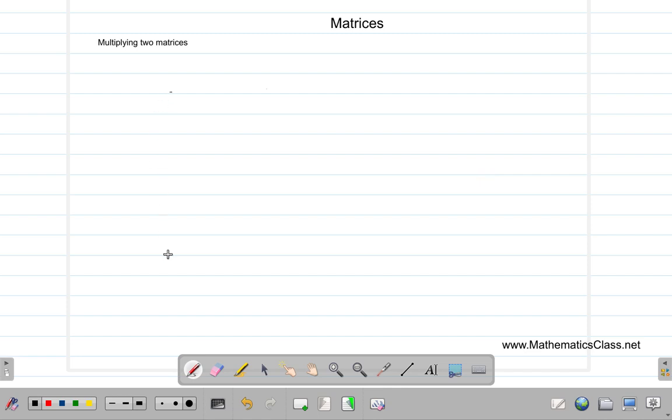Now here we have one matrix. Let us use letters instead of numbers for now. We have A, B, C, D. That is one of our matrices.